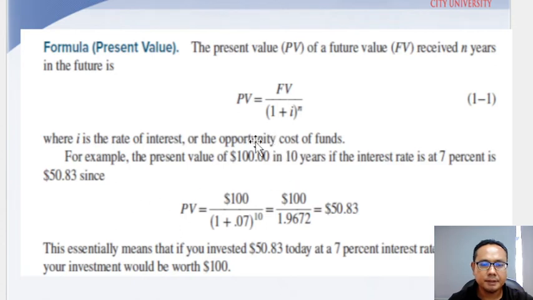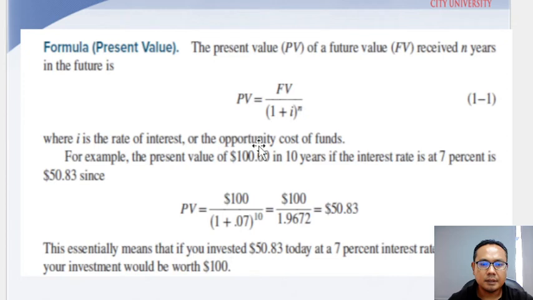So remember the opportunity cost. For example, the present value of $100 in 10 years, if the interest rate is 7%, is $50.83. How do we get this $50.83?